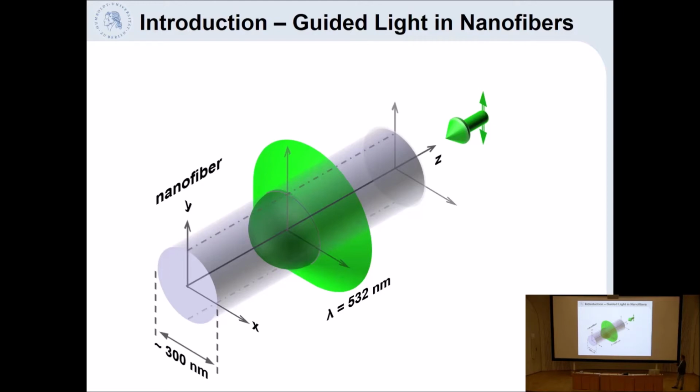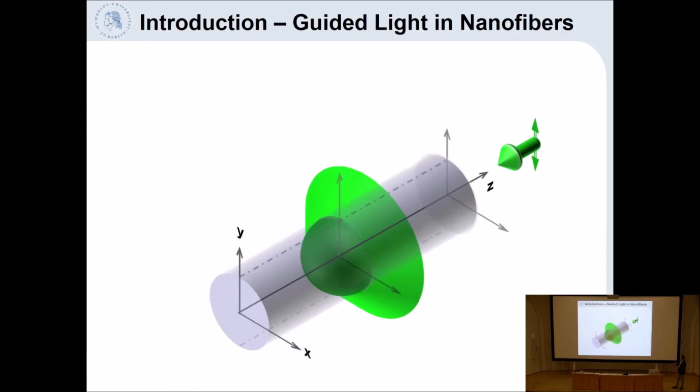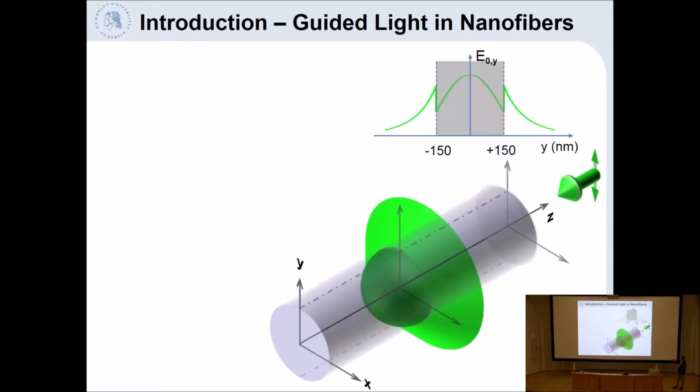If you want to understand the polarization in, for example, the evanescent part of the guided mode, here I plot the electric field amplitude as a function of position, and here's the center of the fiber, and you see the strong gradient of field outside of the fiber. Then the part of Maxwell's equations that tells us about the polarizations is just Gauss' law.